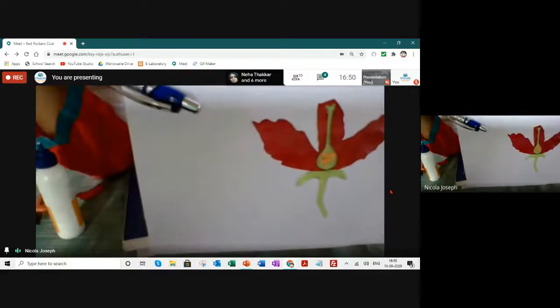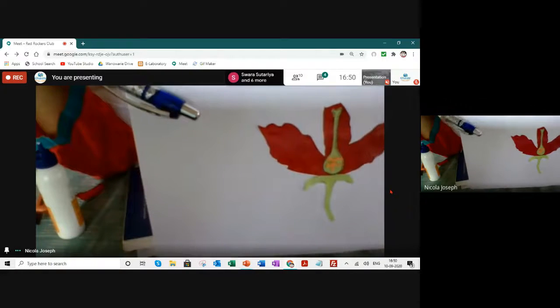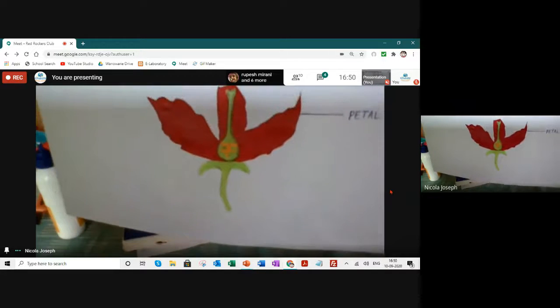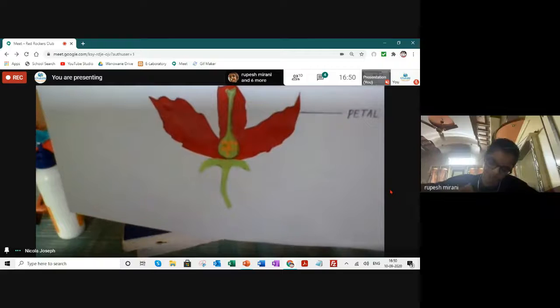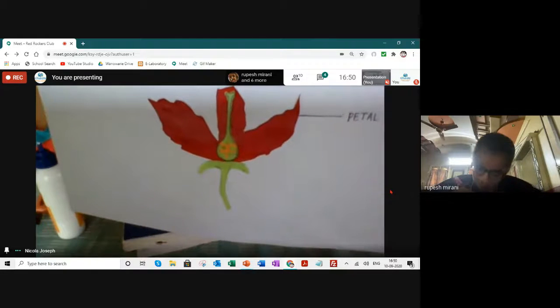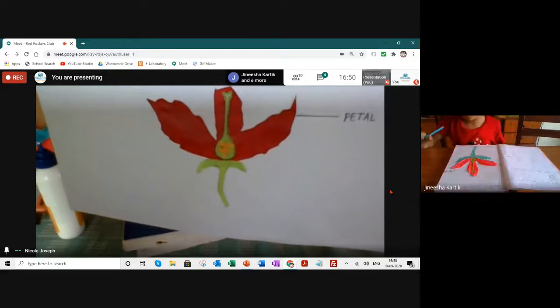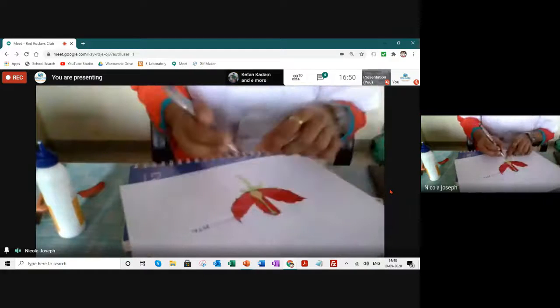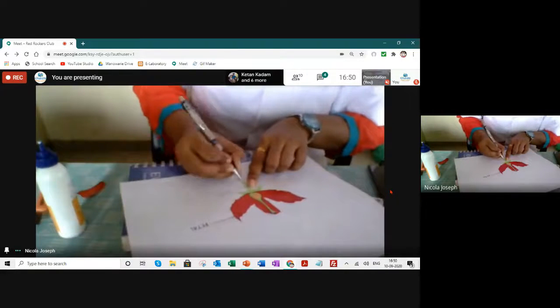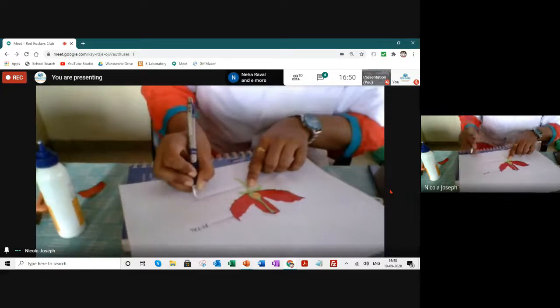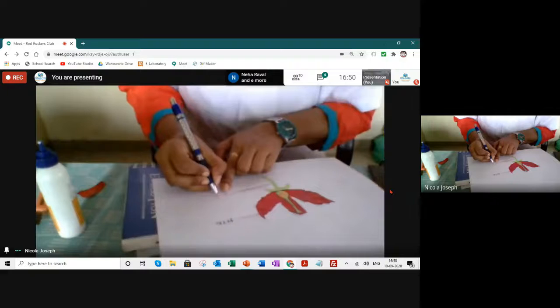Can you all see? All of you have written petal? Yes. Okay. Now pull a line from the green colored portion and write sepal.